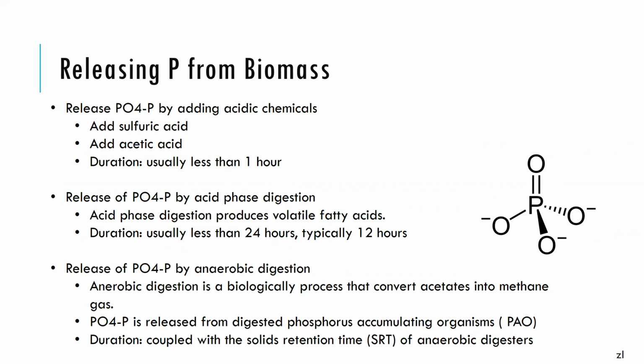To get the phosphorus from the solid phase, there is a very important pre-treatment called releasing of phosphorus from the biomass. Basically, what an engineer tries to do is to solubilize the phosphorus from non-reactive form to reactive form by using chemicals, acid phase digestion, or the anaerobic digestion process.